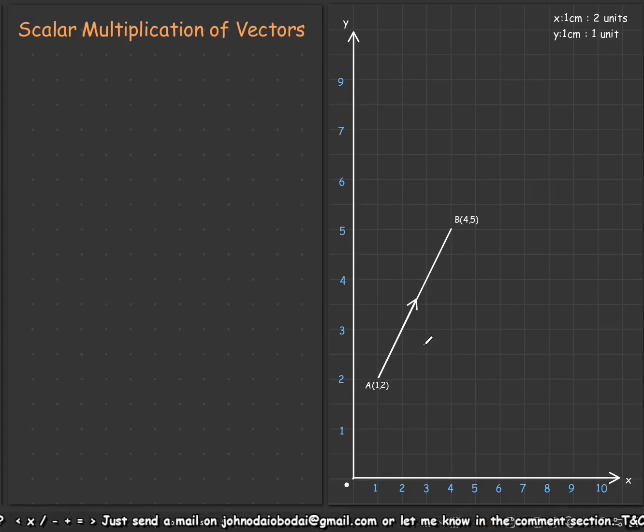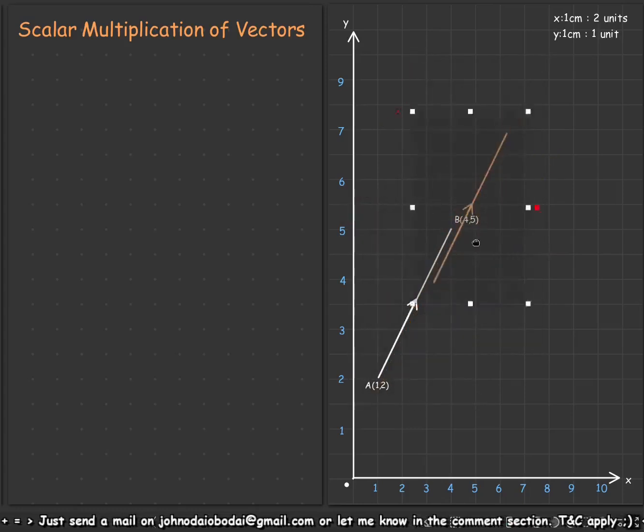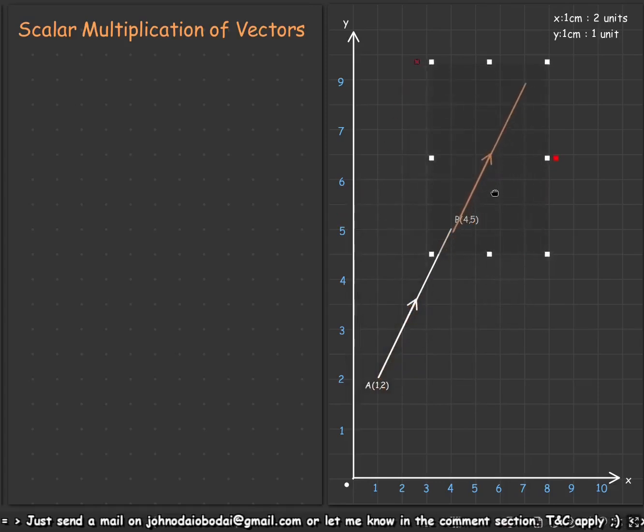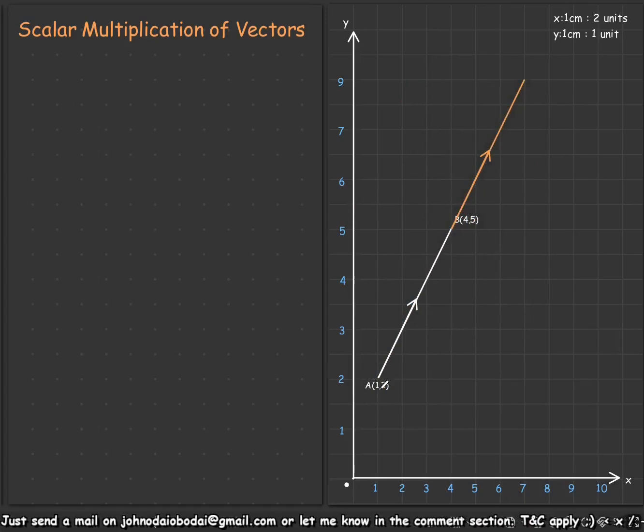If you want your total displacement, then it is the number of times you have moved. So let's just say you have moved just twice. That is 2 times this vector, so this one plus itself again. You realize that it has moved from point A and come toward point C, whose coordinate is 7, 9, right?